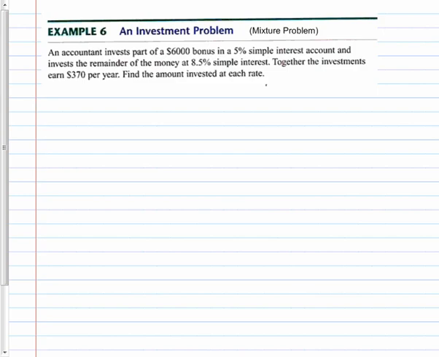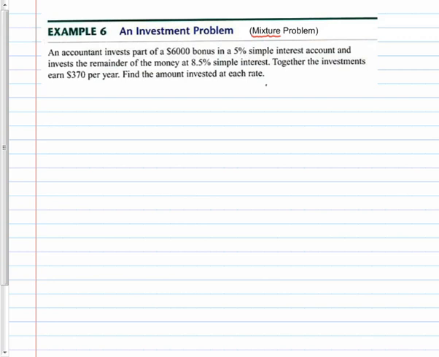Investment problem. We are going to run across in this lesson several problems that fit the same type. I'm going to refer to them as mixture problems. We are mixing things that have different values together.